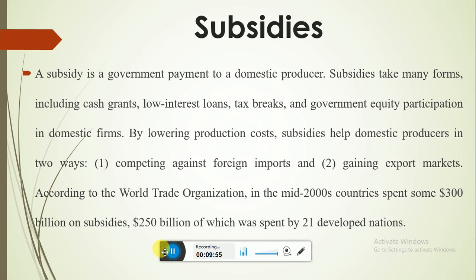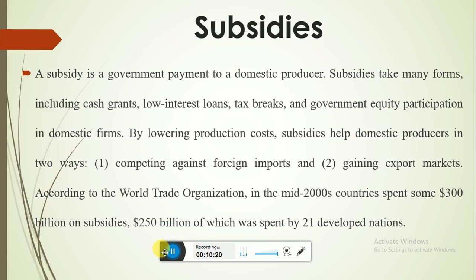If a businessman has $500,000 and he needs half a million or 300,000 or 200,000 more dollars in order to invest in the energy sector, in electricity, in gas, or in some other sectors, the government gives them a loan without interest or with low interest compared to private banks.